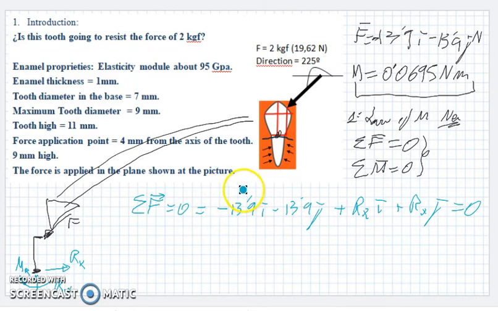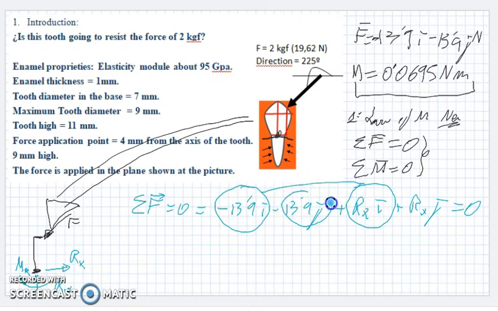So we have to link forces in the same direction with forces in the same direction.